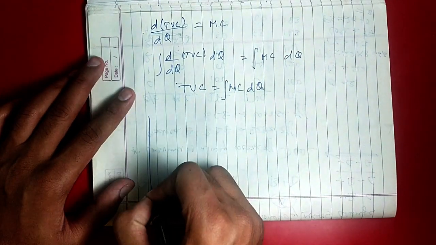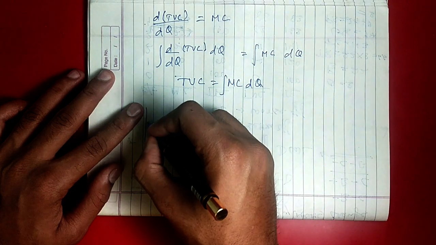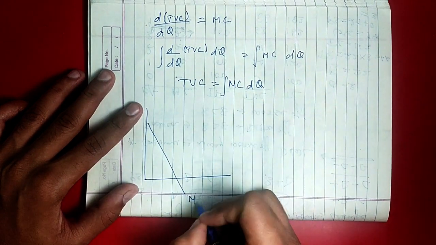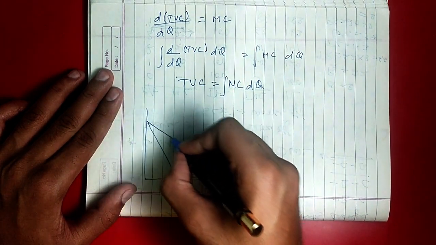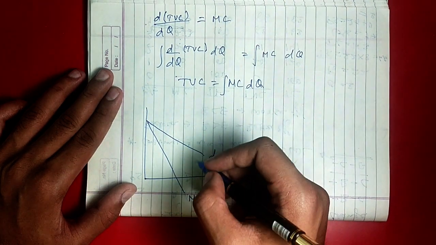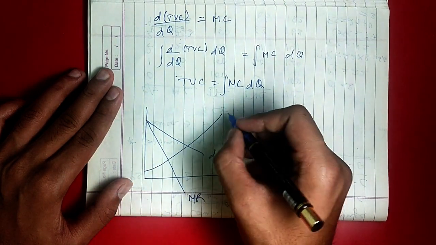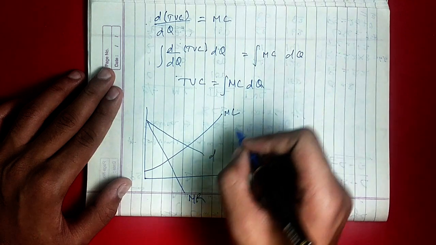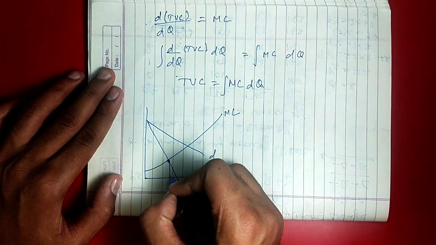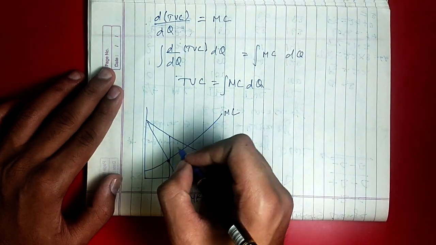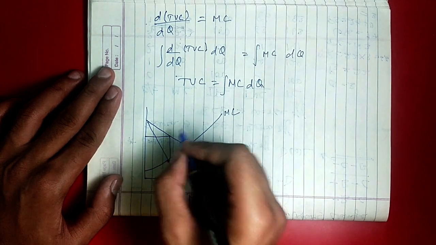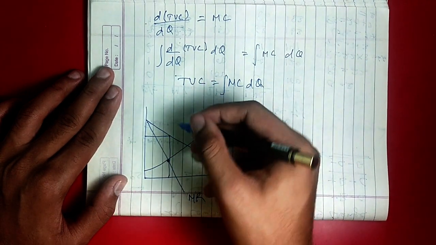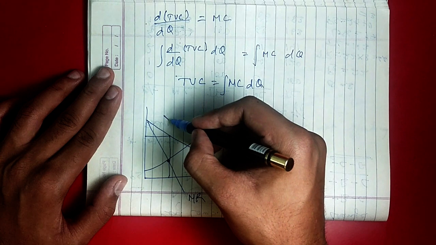So now we will draw the diagram. This is MR, this is the demand curve, and this is MC. This is the quantity, and we have to show the loss, so AC must be upward.